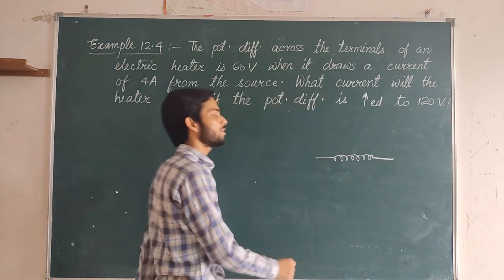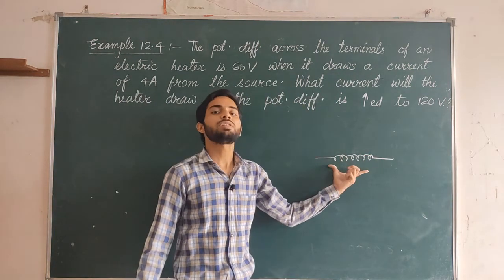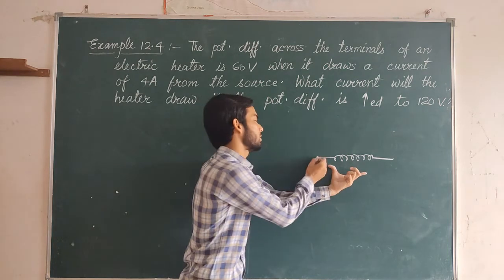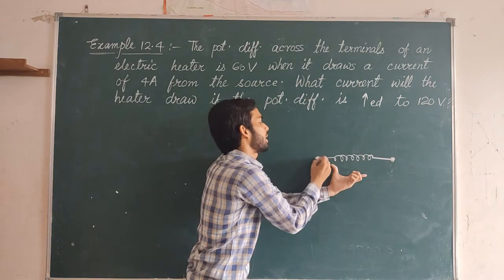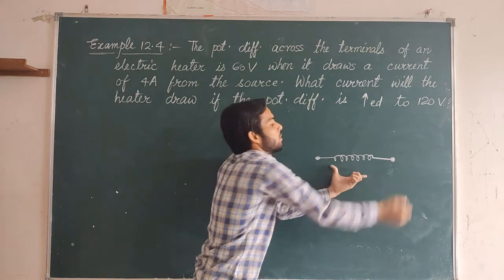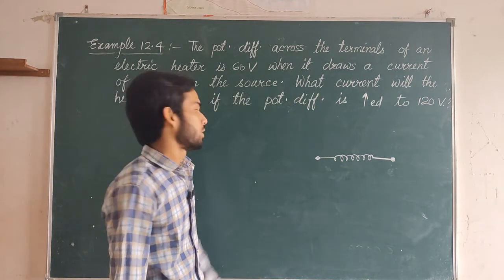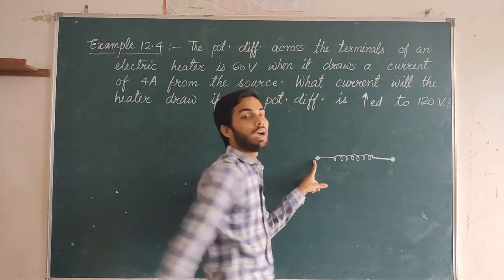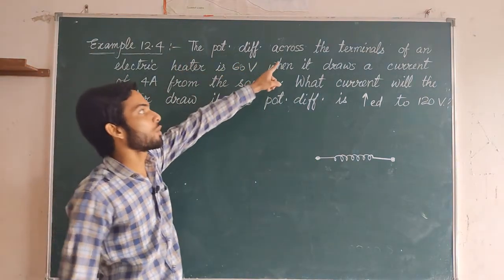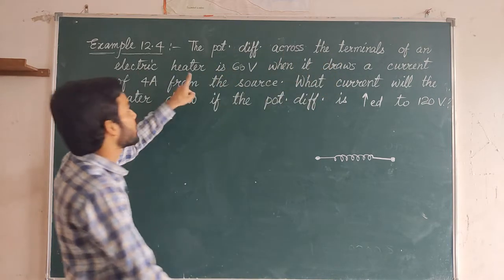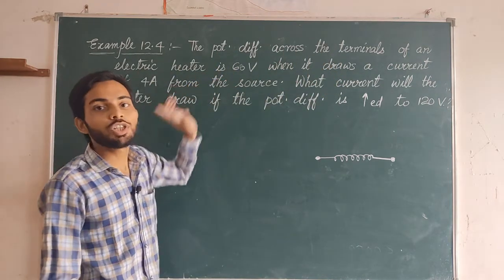My dear students, suppose this is an electric heater and these are the two terminals of the electric heater. This is one terminal and this is the other terminal. The potential difference across the terminals of an electric heater is 60 volt.